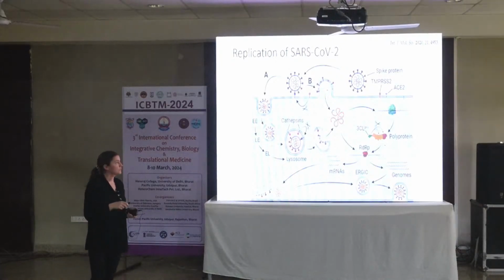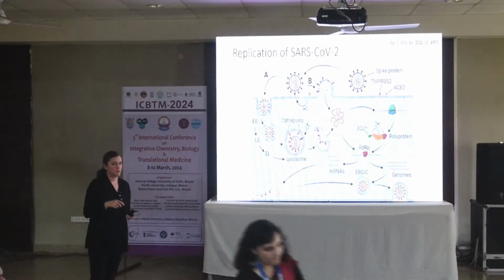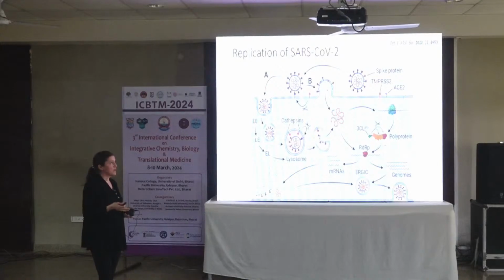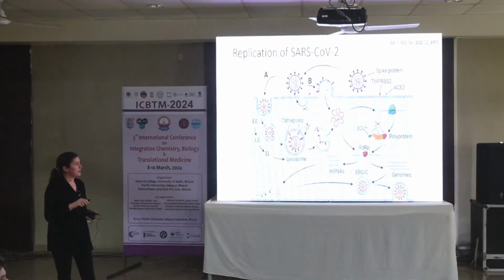TMPRSS2 enzyme is expressed in respiratory cells, but if the cells have no TMPRSS2, the virus can get into the cell by endocytosis as well.